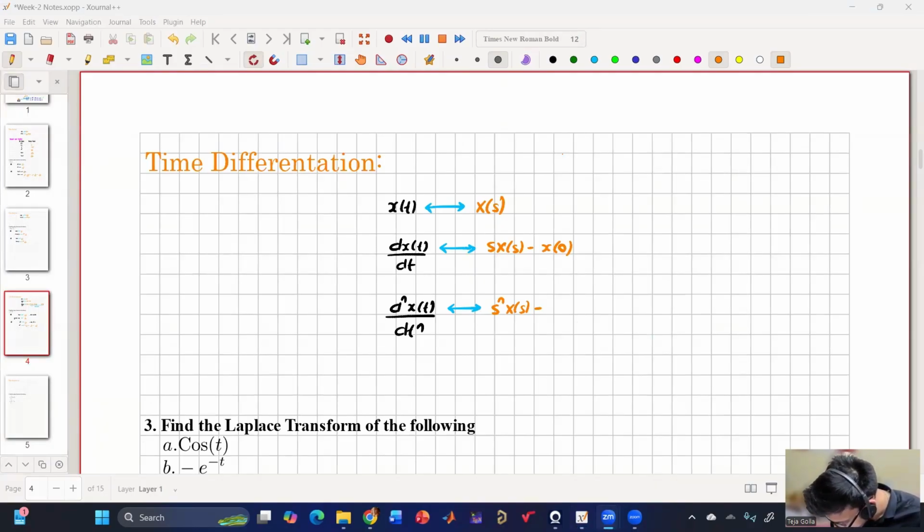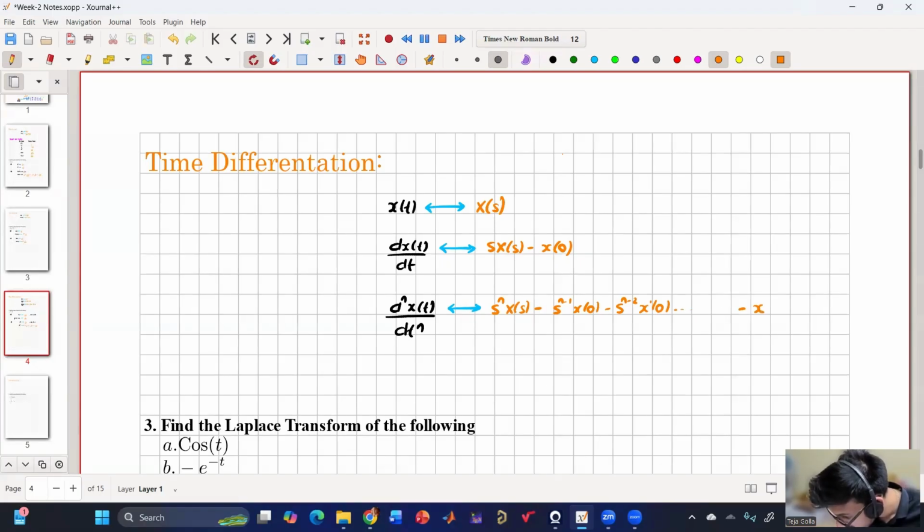Minus s to the power n minus 1 x of 0, minus s to the power n minus 2 x dash of 0, and so on, up to minus the (n minus 1)th derivative of x at 0. I have done it in the opposite way. x of 0 I had forgotten, so I have just added that. These are all the derivatives of x of t at t equals 0.